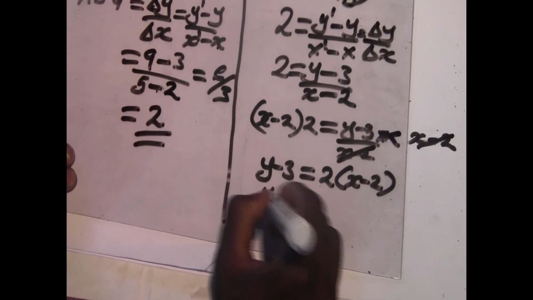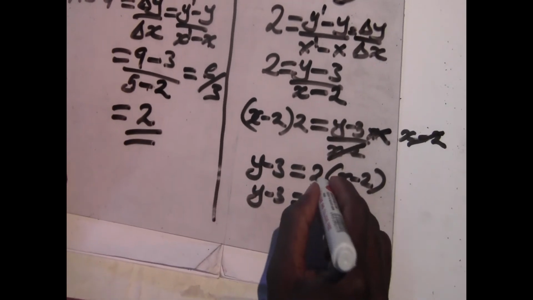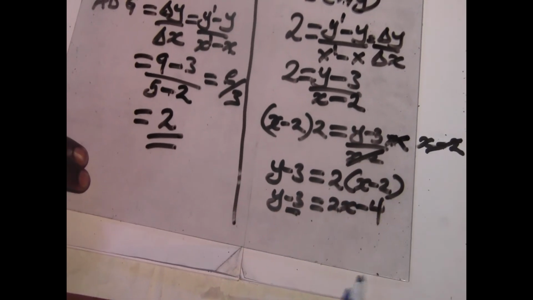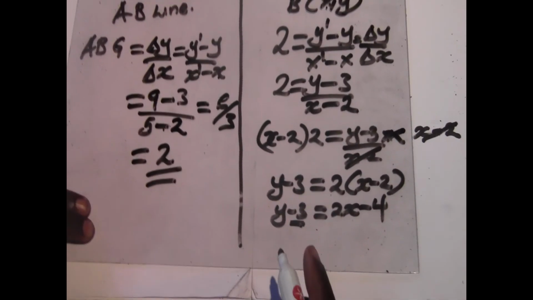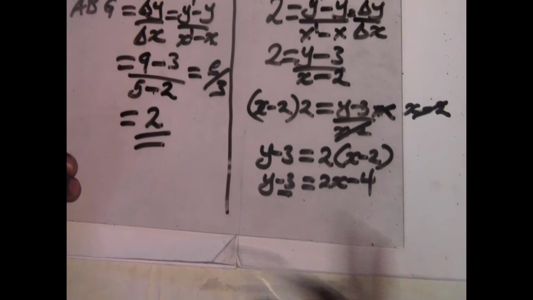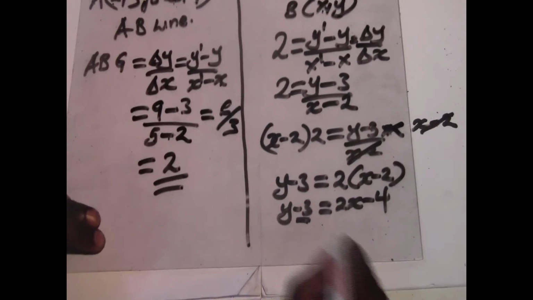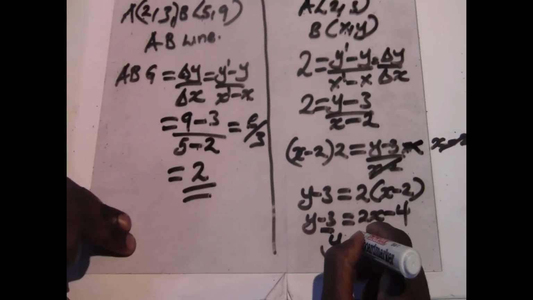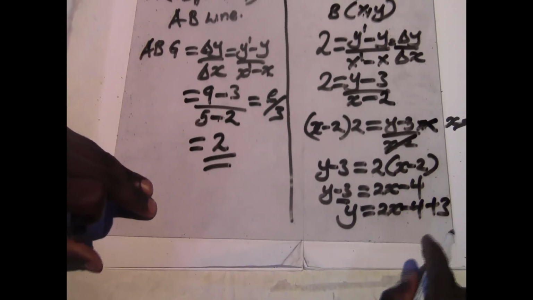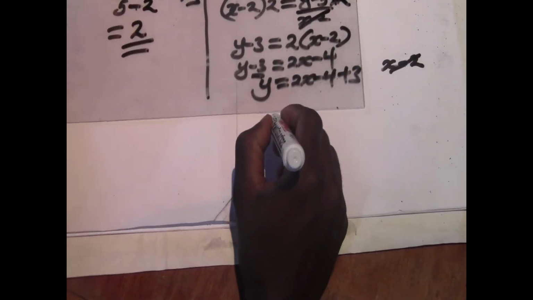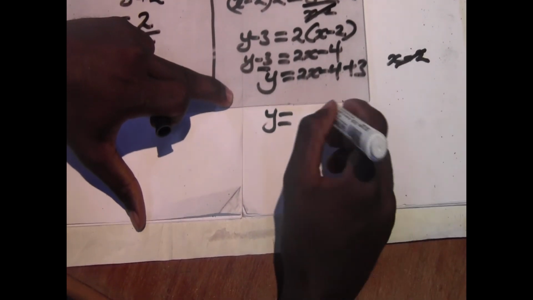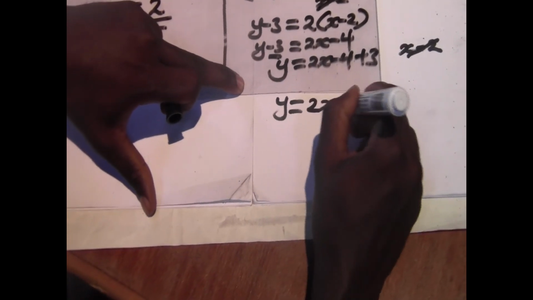So this will give us y minus 3 is equals to, we open the bracket, 2x minus 4. So we take this negative 3 to the other side. When you take a negative to another side of the equation, it becomes a positive. And when you take a positive to the other side of the equation, it will become a negative. So it will be y is equals to 2x minus 4 plus 3. Minus 4 plus 3 is minus 1. So it will be y is equals to 2x minus 1.